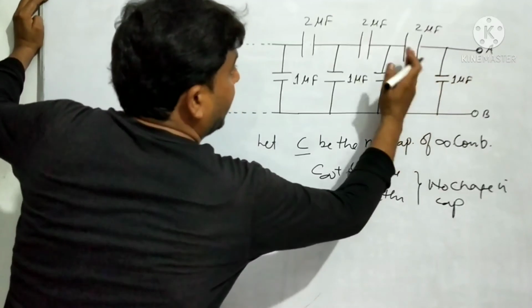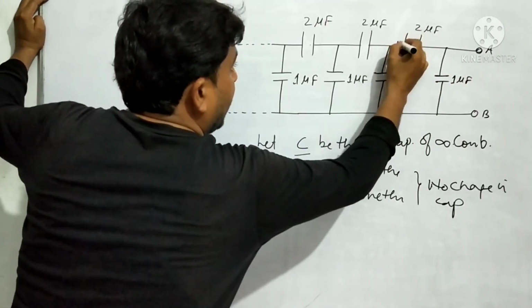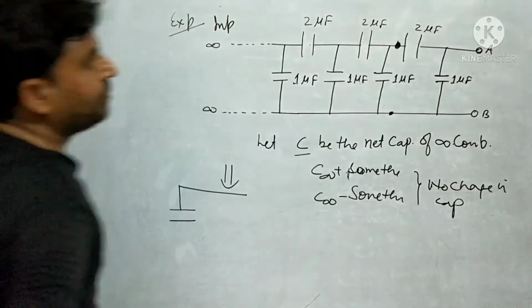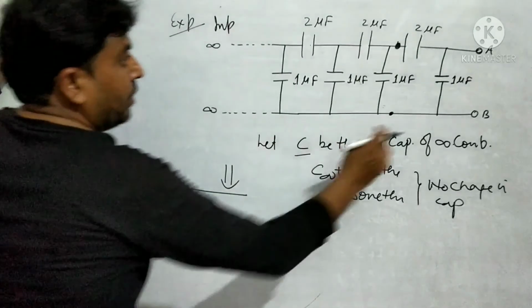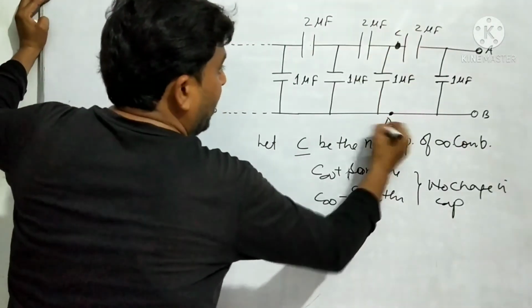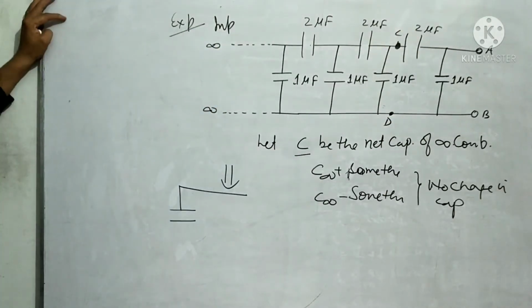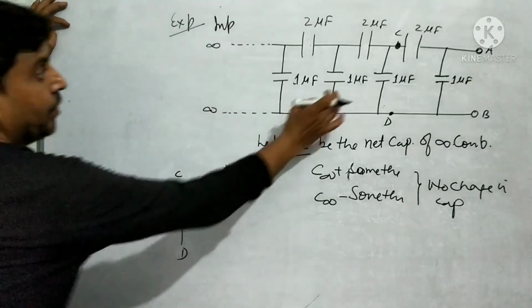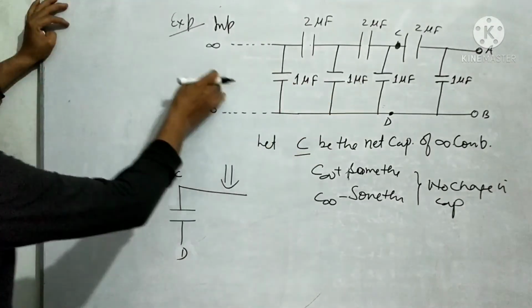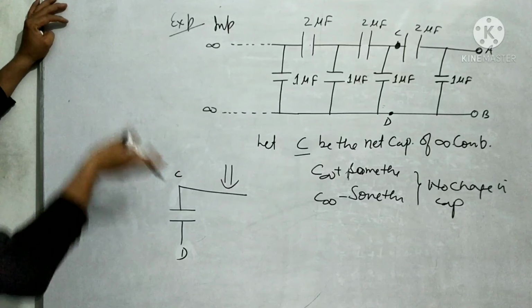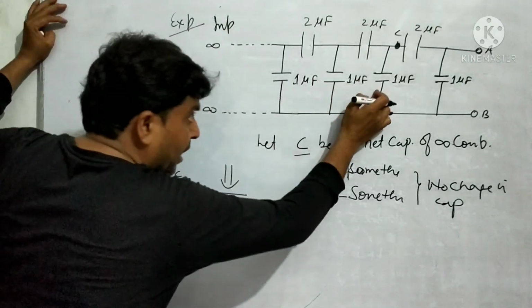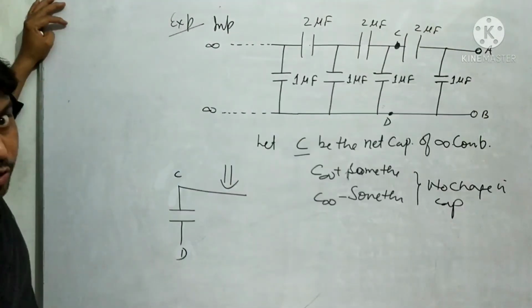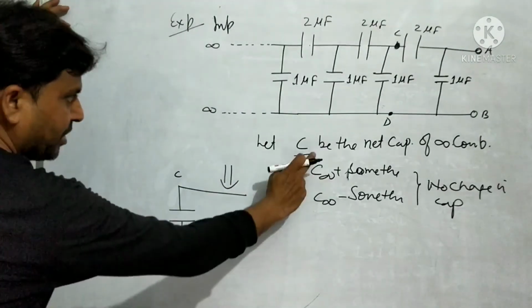From here, just a minute. Yes, or here. Call them terminal C and terminal D. C and D. First circuit, second circuit, third circuit, fourth circuit, fifth circuit, infinite. So till here, the infinite combination, which capacitance is considered as C?